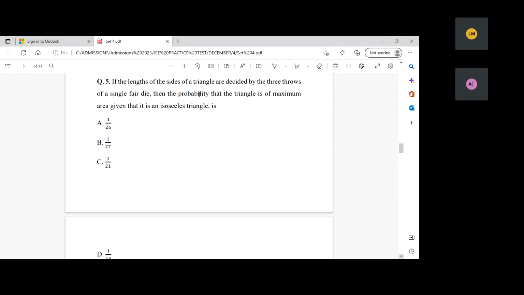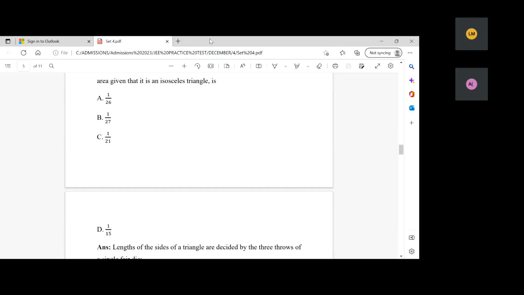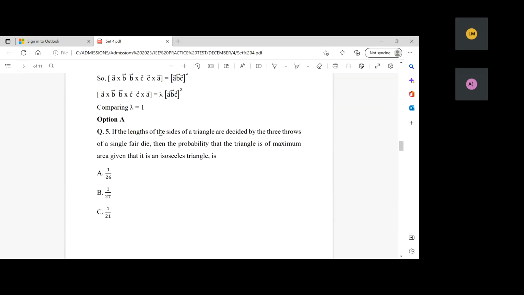If the lengths of the sides of a triangle are decided by three throws of a single fair die, then the probability that the triangle is of maximum area, given that it is an isosceles triangle, is: the options are 1/26, 1/27, 1/21, 1/15. Something you need to think about is that the lengths of the sides of the triangle are decided by three throws of a single fair die.